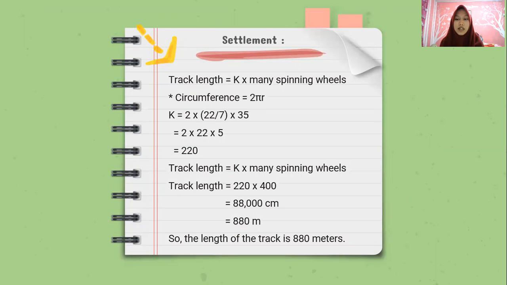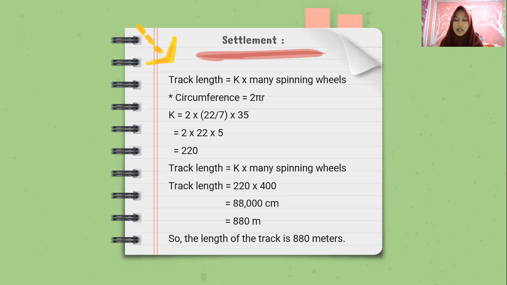Solution: track length equals circumference K times the number of wheel spins. Circumference K equals 2 pi r. K equals 2 times 22 divided by 7 times 35, equals 2 times 22 times 5, equals 220.